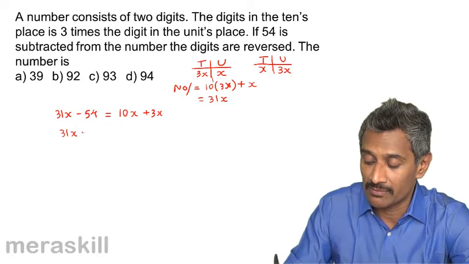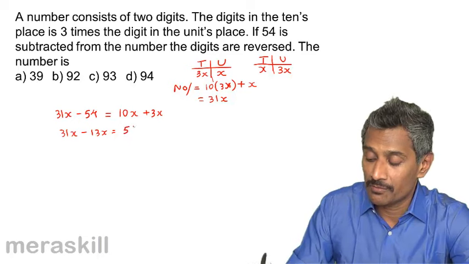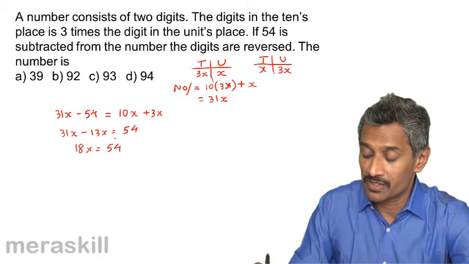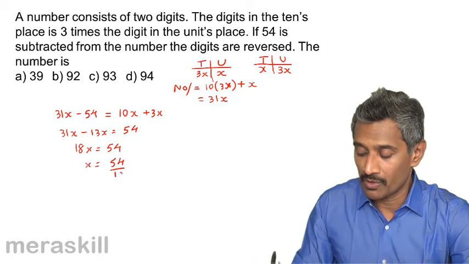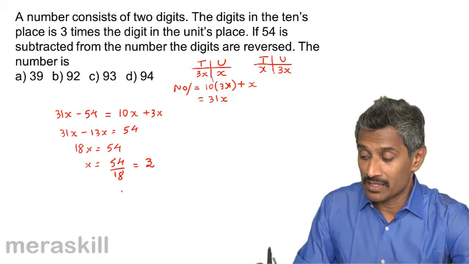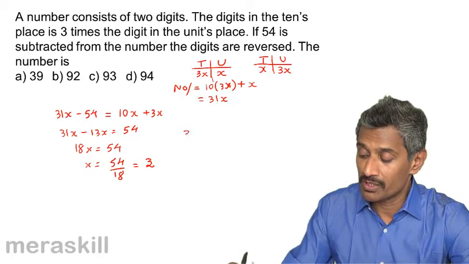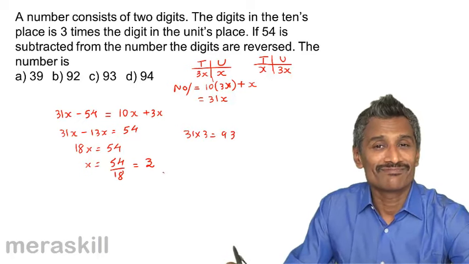When you take it to the side, it becomes 18x is equal to 54 and x is 54 upon 18, which is 3. So x is 3. So our number is going to be 31 into 3, 93.